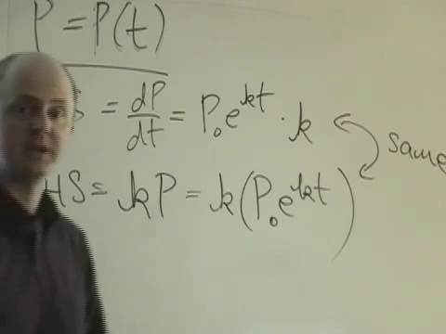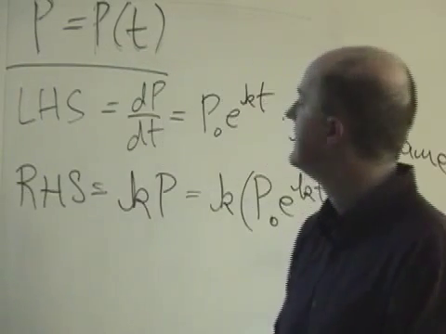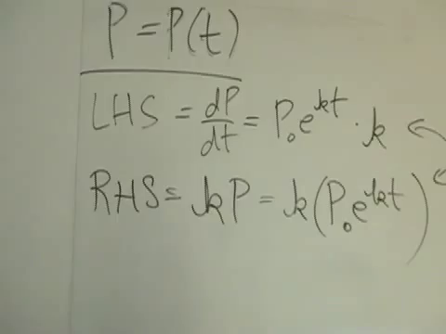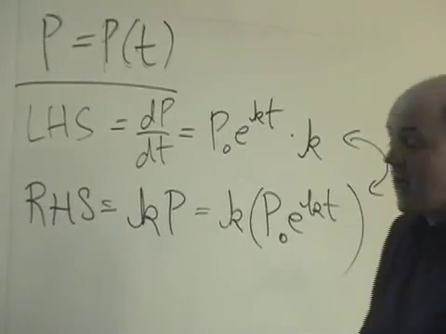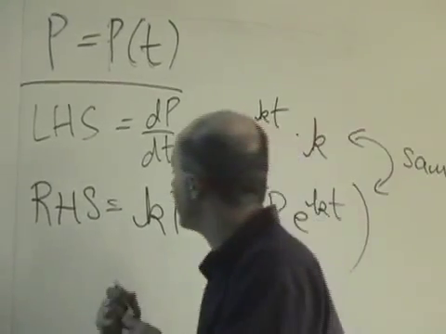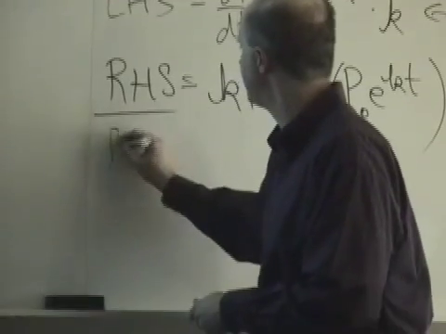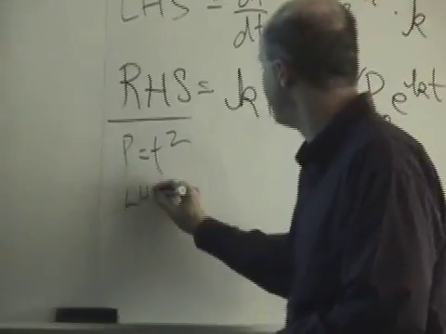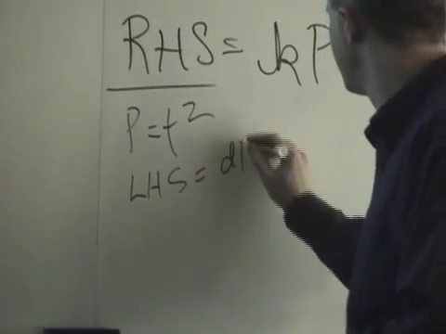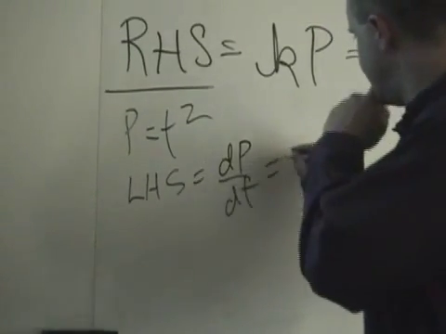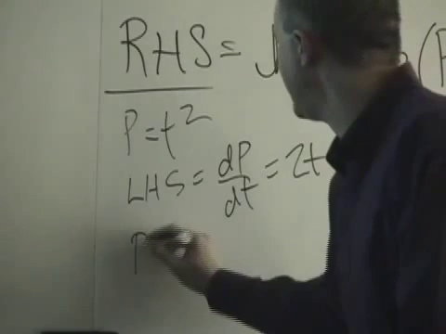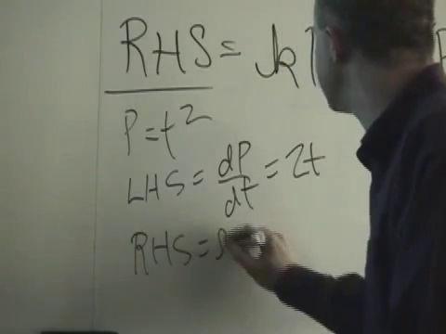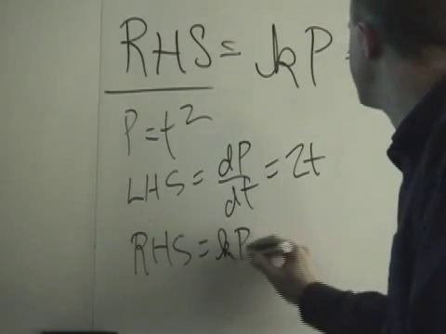Okay, so this is a pretty easy thing to do, typically: check to see whether this function is a solution. You can check that other functions are not solutions very quickly. For example, p equals t squared is not going to be a solution. Why? The left-hand side is the derivative, that's 2t. The right-hand side is k times the function, k times p.